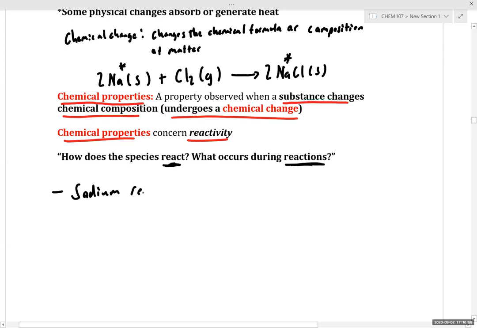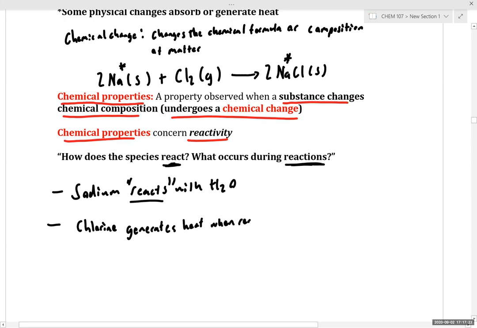Here are some examples of chemical properties. Sodium reacts with water. This word "reacts" is a very important keyword to know. Another example would be chlorine generates heat when reacting with aluminum.